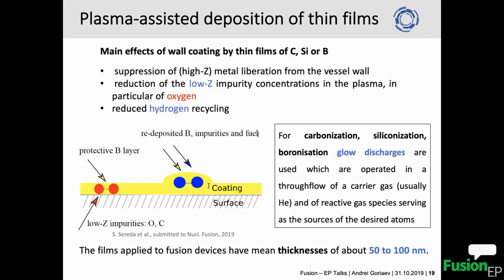Since I don't have a lot of experience with this, and siliconization, for instance, was used a long time ago, I will briefly try to check the paper about it. I don't want to take too much time anyway, so I can also look it up for those types of wall conditioning. Okay, so I found it. For siliconization, it's silicon hydride, SiH4.